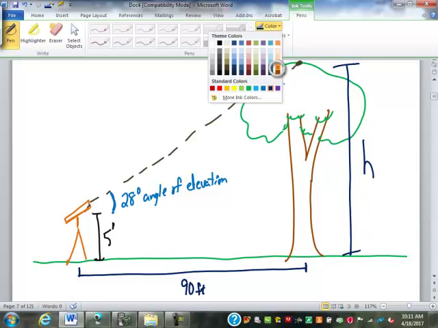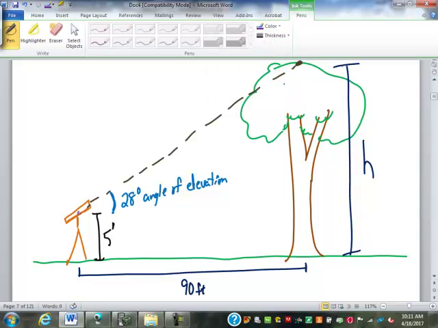Well, the triangle we're forming here goes from the scope to the tree and up. This side here is still the 90 feet. This side here is not H, but we're going to find it anyway, so I'm going to call that X for now.